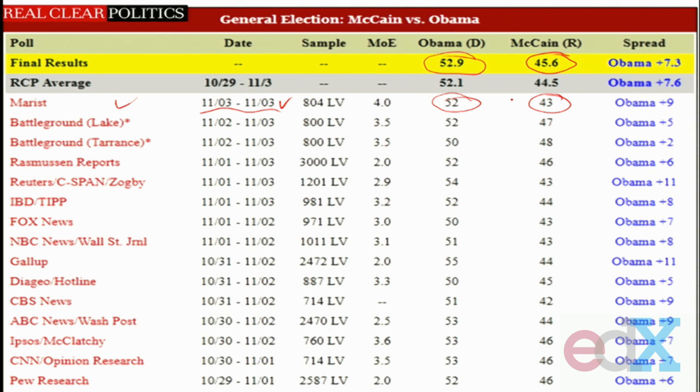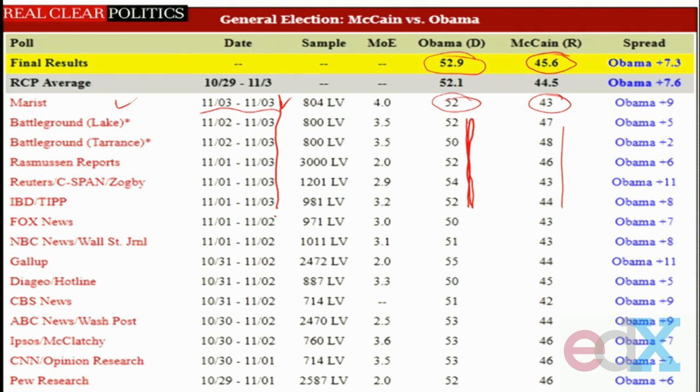Okay, battleground. So all of these were done 1 day before, 1 or 2, 3 days, but up to 1 day before the election. I'm sorry, here are the values that they predicted Obama would get on the basis of these polls, and the ones that McCain would get.